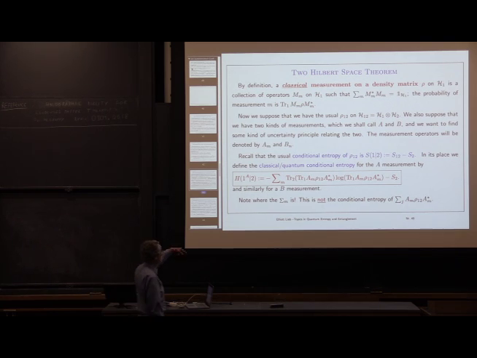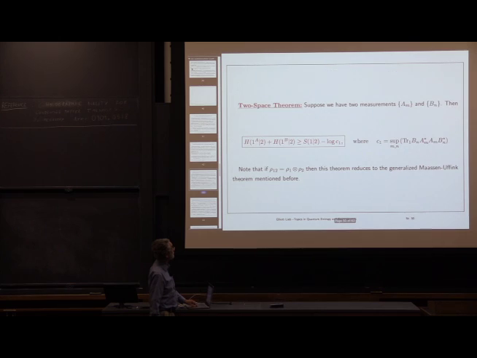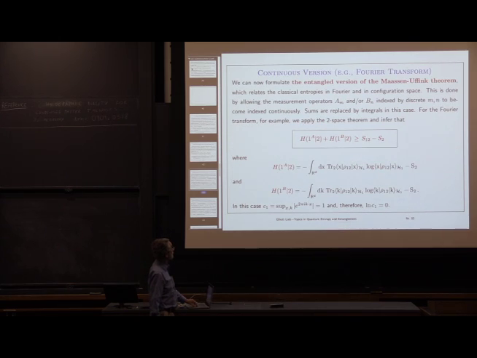And now I just imagine that all these sums just become integrals. You see, I'm taking expectation values in one space, computing the entropy in the second space, and then integrating over what's left of the classical variables.